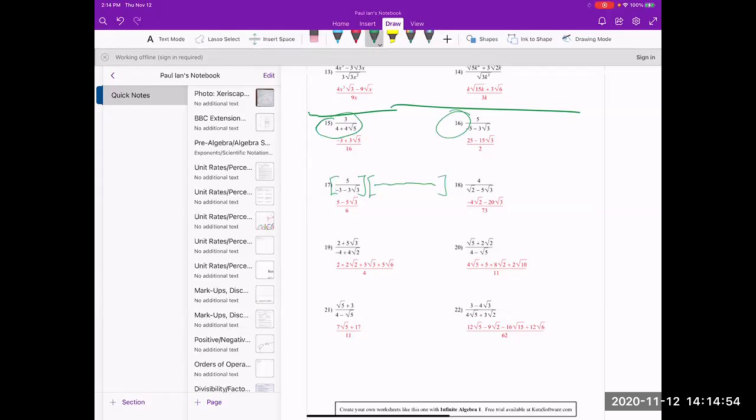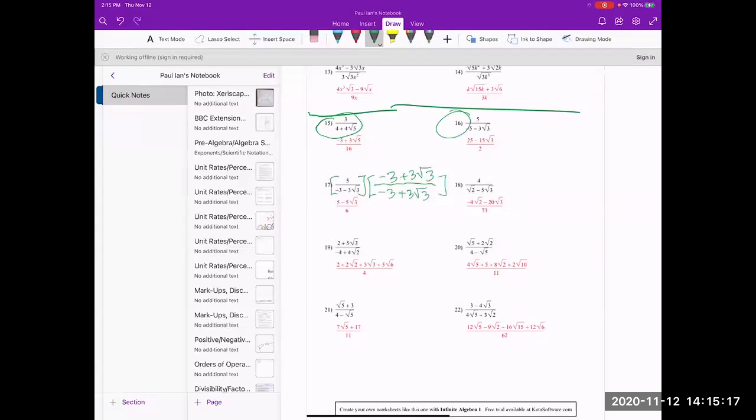The same thing times the same thing. And what about the sign for the radical one? Is it still negative or is it positive? Positive. Okay, so positive 3 root 3. And then you do it to the top. So what do you do now?